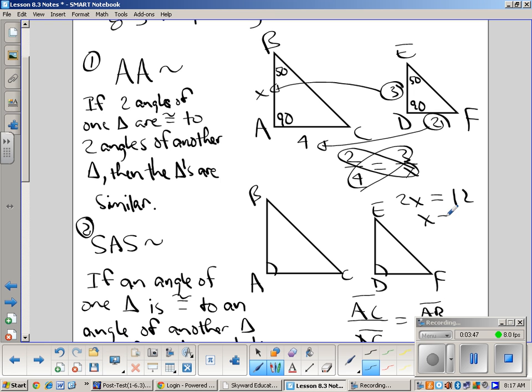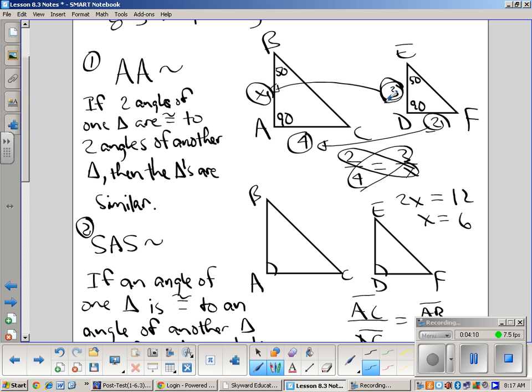And so x must be equal to 6. Well, that makes sense, doesn't it? If this side is twice as big as that one, this side here is twice as big as this side, then this side must be twice as big as this side. That's what proportional means. Okay? Any questions on that? All right.